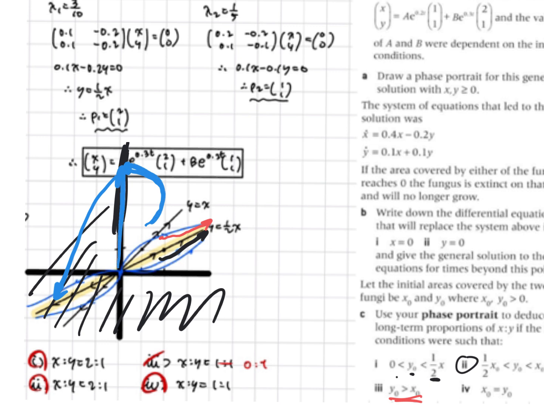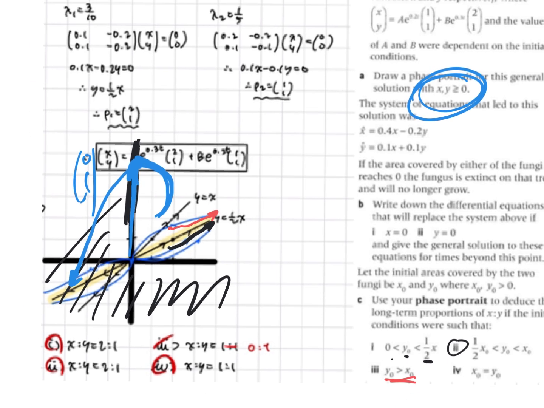And so it's going to be going along this vector (0, 1). So it's going along that path. I don't know what this number is going to be, it doesn't really matter, but it's just going to end up going there and stopping on the y-axis because of this initial condition up here.